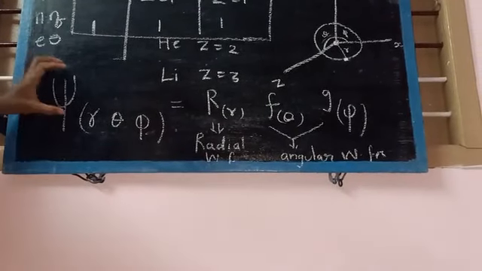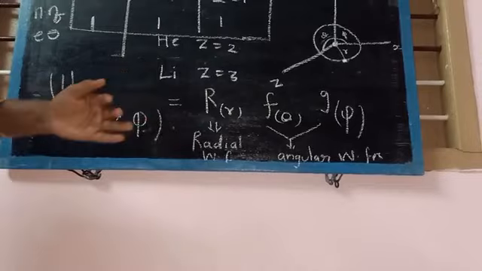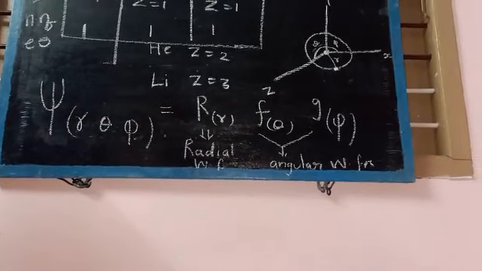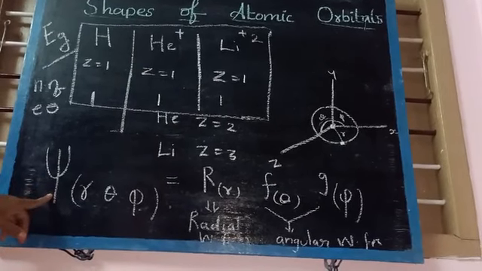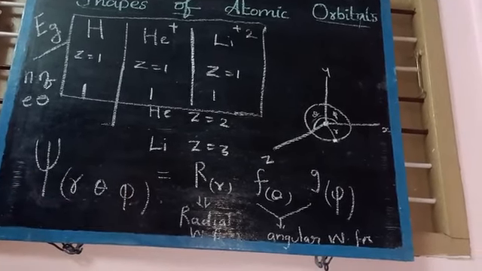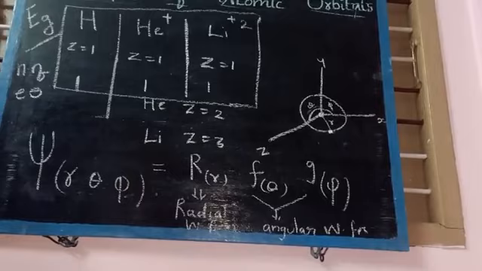Children, this eigenvalue corresponds to this wave function, and it is expressed as the atomic orbital. Now see the definitions.